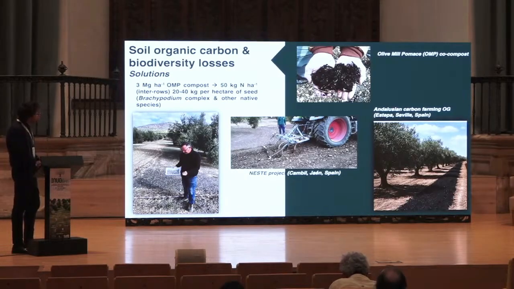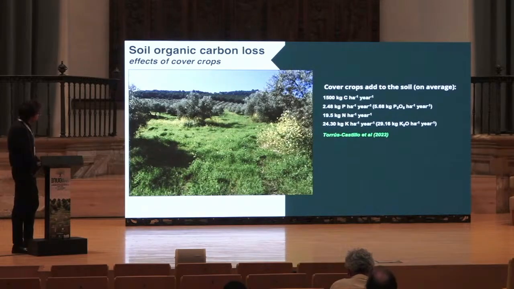Mainly the olive mill pomace co-compost, but we are also testing manure or even biochar. Yes, we measured the quantity of nutrients that an average cover crop in an olive grove can add to the soil, and it is significant not only for the nutrients but also for the organic carbon that it adds to the soil.